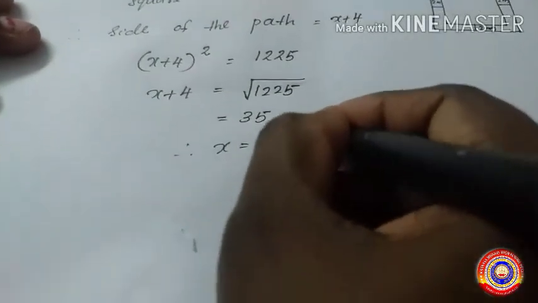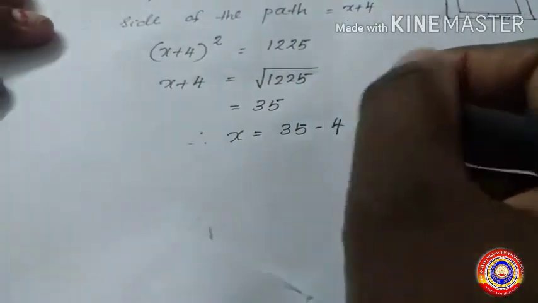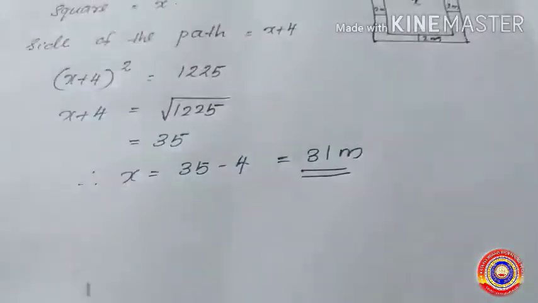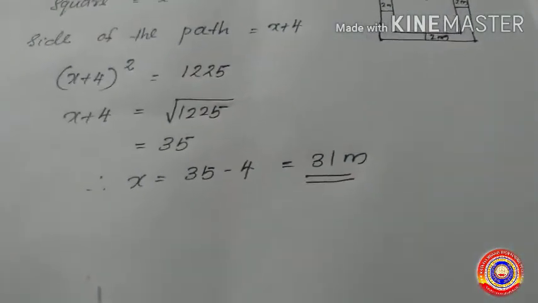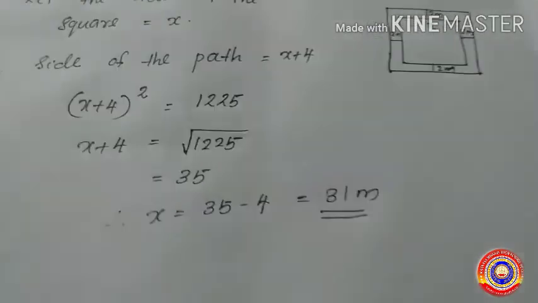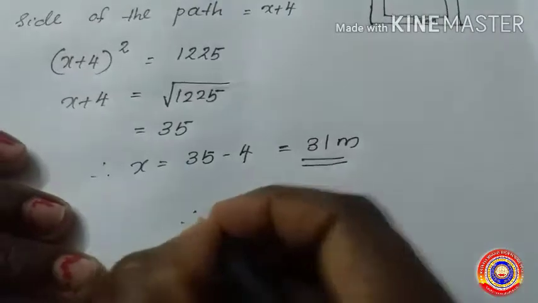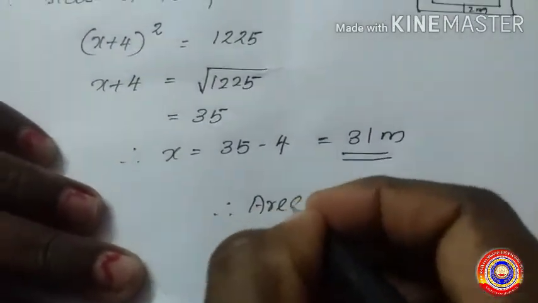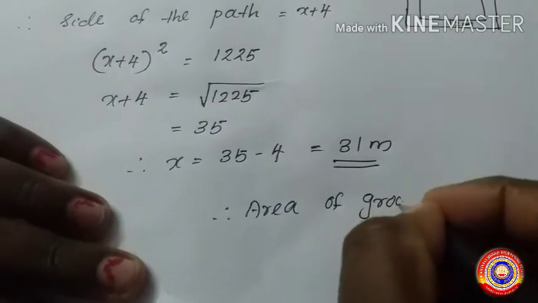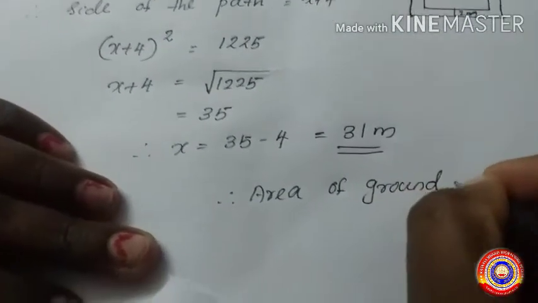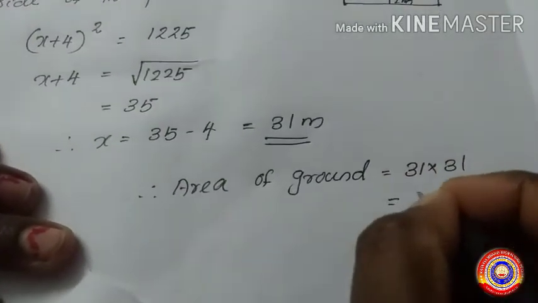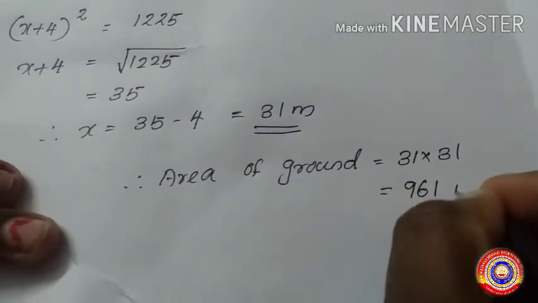Therefore x equal to 35 minus 4 equal to 31 meter. We have to find the area of the square ground, and it is equal to side into side. Area of square ground equal to 31 into 31 equal to 961 meters square.